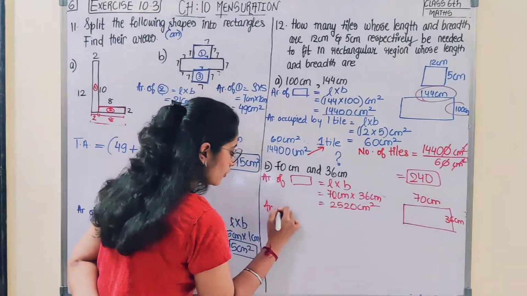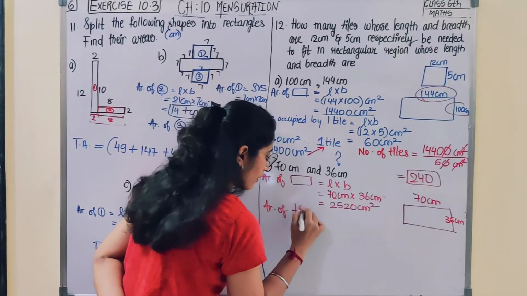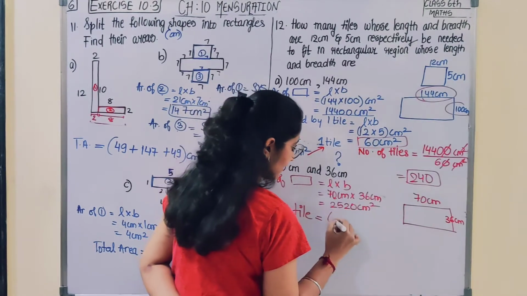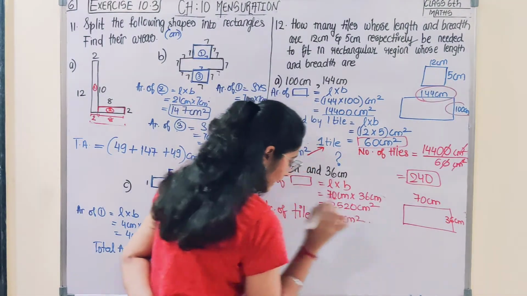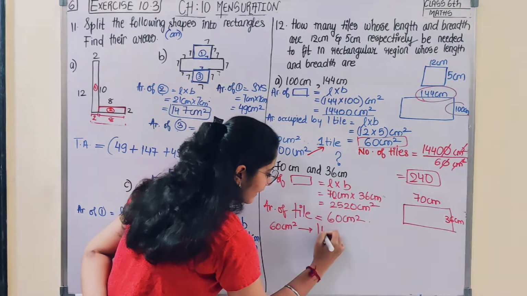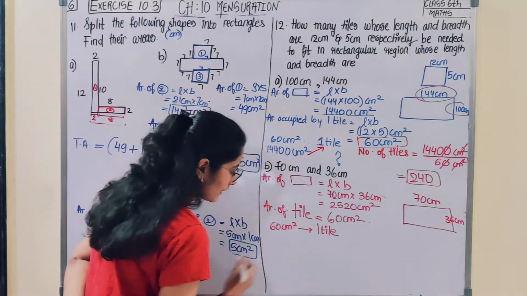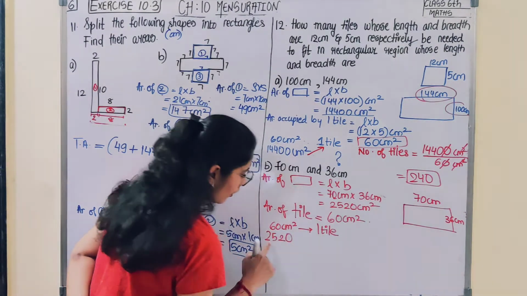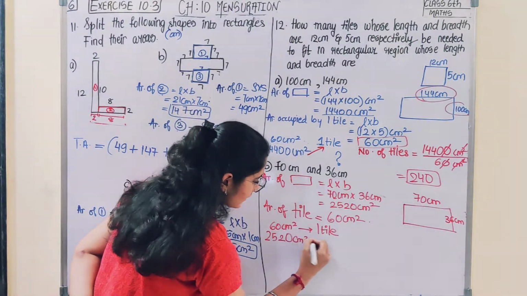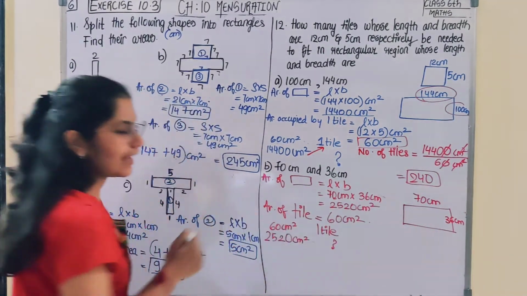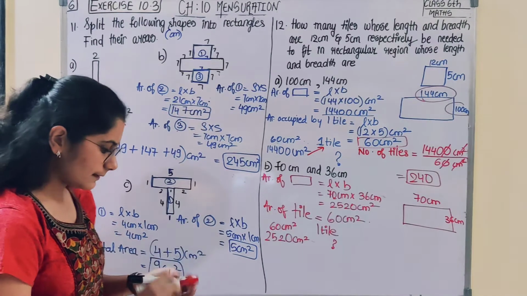We already know the area of one tile, that is we calculated 60 centimeter square. Now 60 centimeter square is the area occupied by one tile. Okay, so how many tiles are required so that this much area is occupied?